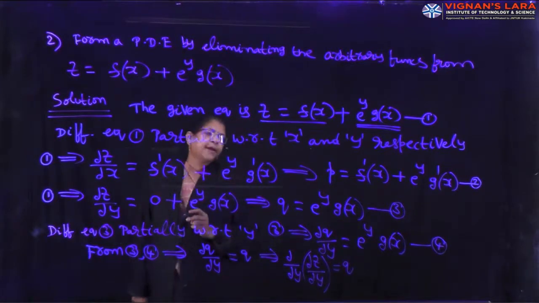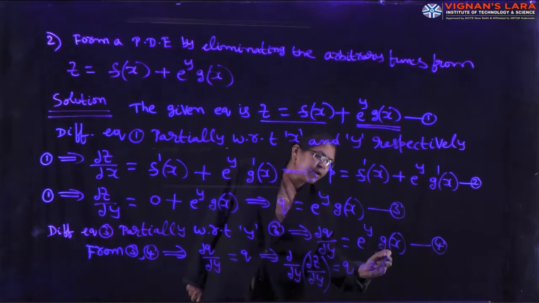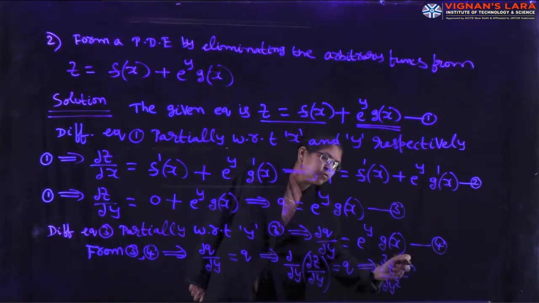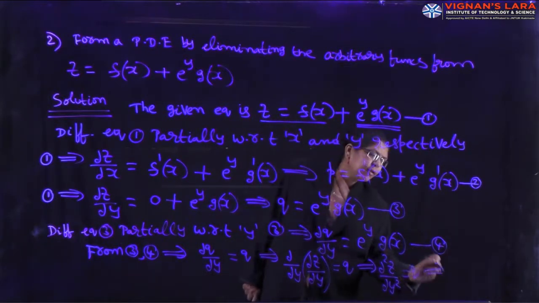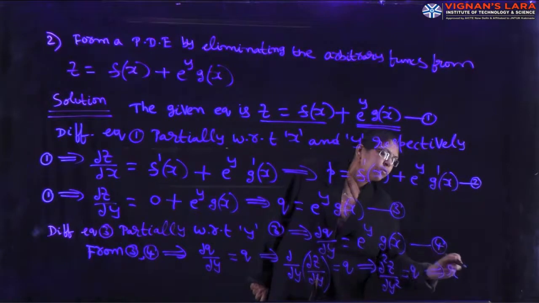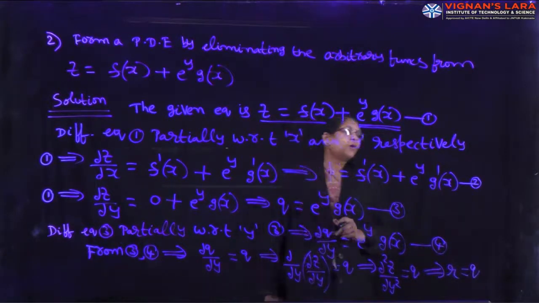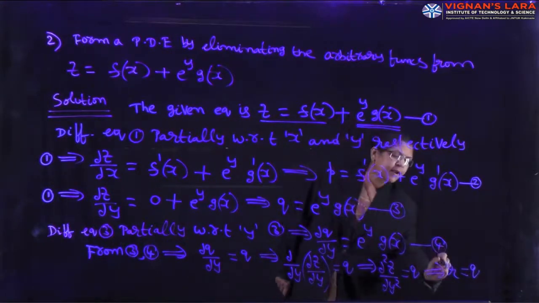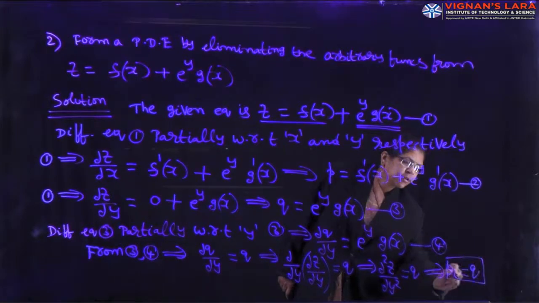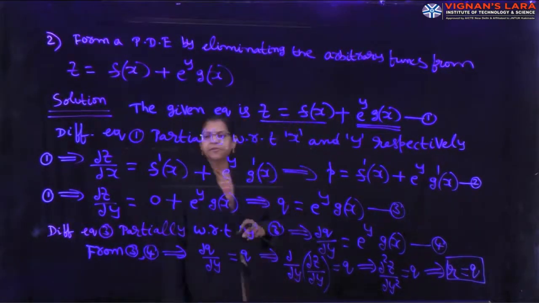What is dou by dou y of dou z by dou y? Dou square z by dou y square, which is equal to q. What is dou square z by dou y square? R equal to q. Therefore, what we got? R equal to q, which is the required partial differential equation.